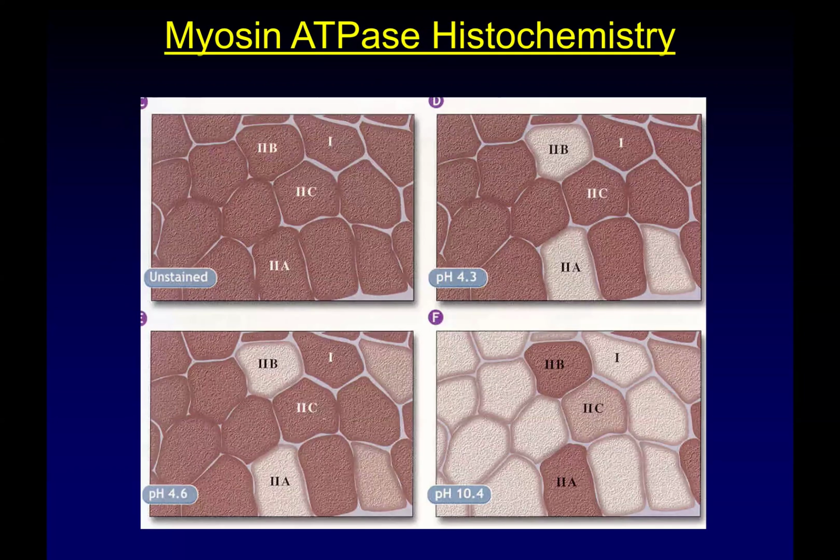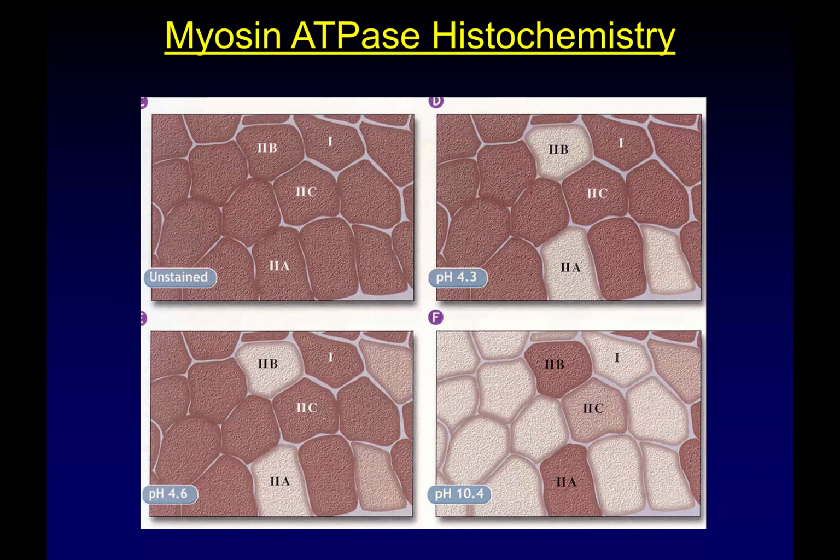So what I'm going to show you here is a cartoon from a book. In the top left, this is what unstained fibers look like. And then when you do regular histochemistry, the old way of doing things, what you see on the top right is a stain that will separate type 1 from 2A and 2X.